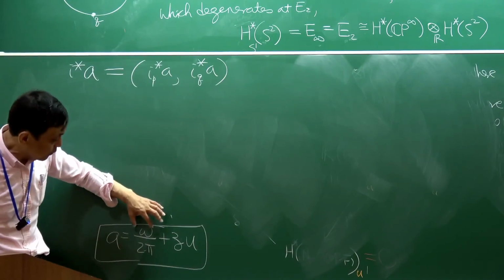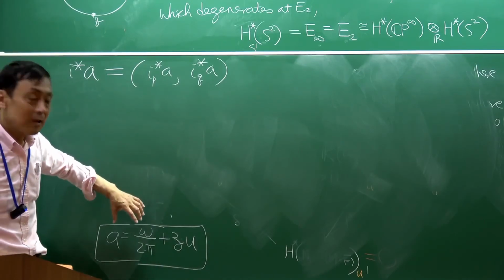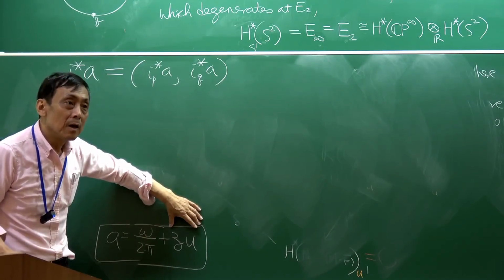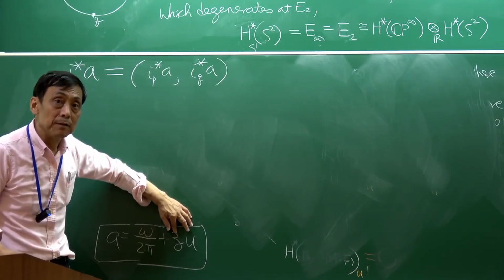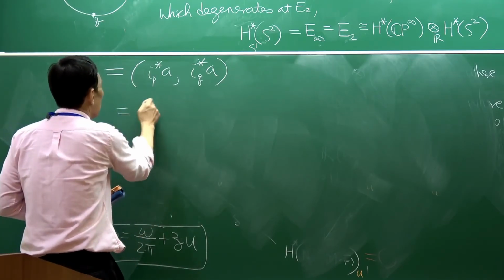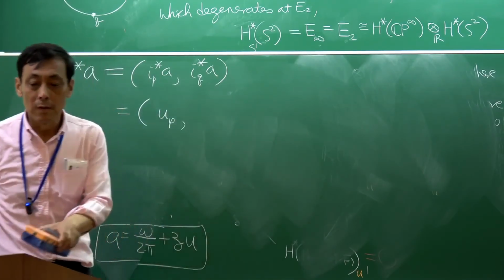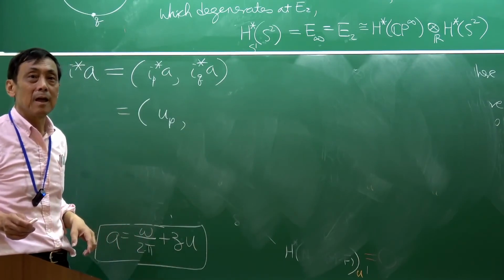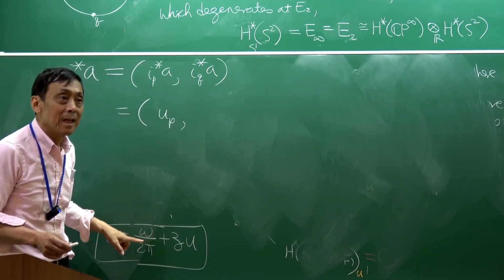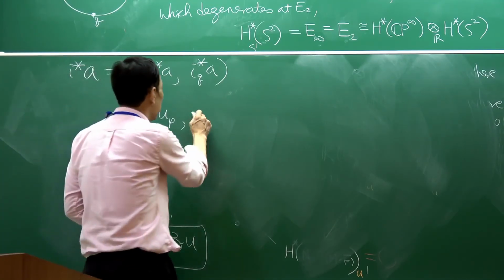This should vanish because this is a two form. A two form restricted to a point is 0. So this should vanish and this should be? Yeah, Z is equal to 1 at P because P is the North Pole and U restricts to UP. So this goes to UP. Okay? And what about IQ star of A? When you restrict this to Q, this is 0, and Z is minus 1, so you get minus UQ.